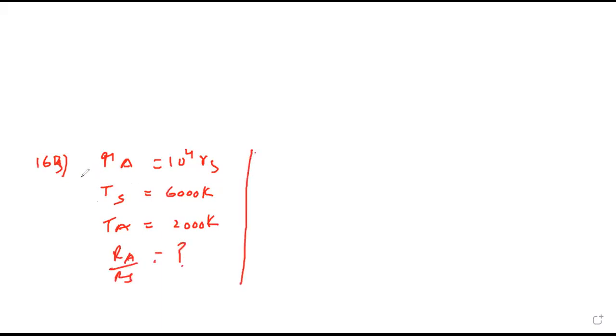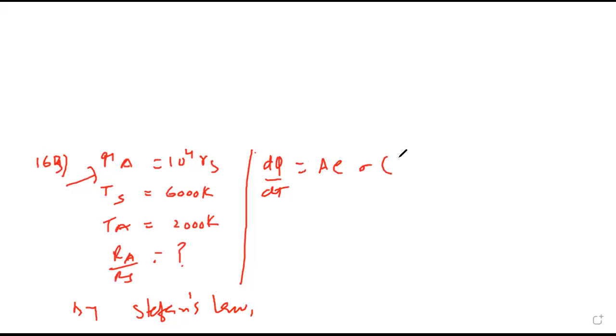See, rate of radiation is nothing but dq by dt. So by Stefan's law, dq by dt is A E sigma T raised to 4. Surrounding is not given, no need to write minus T0 raised to 4.